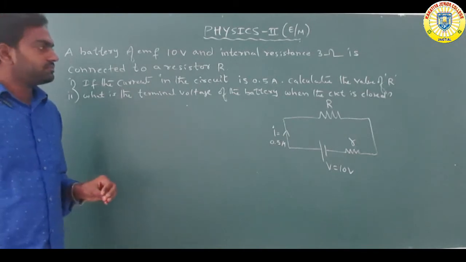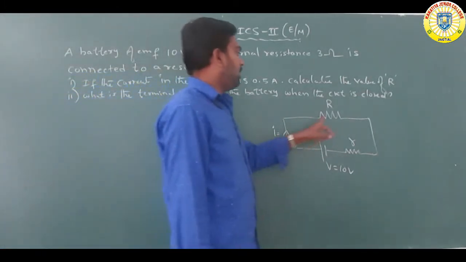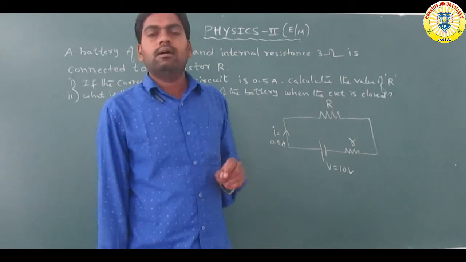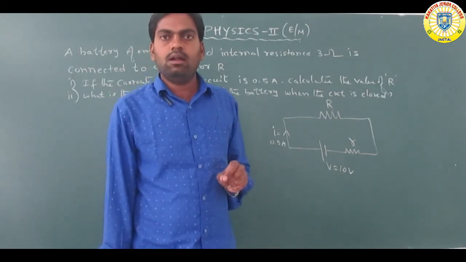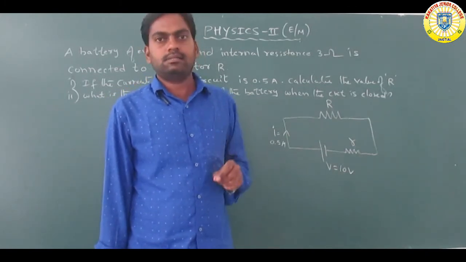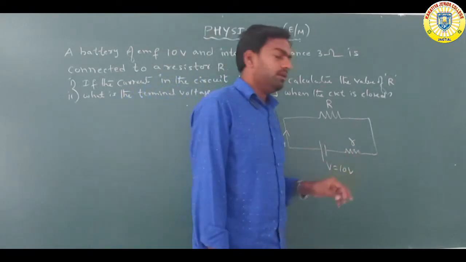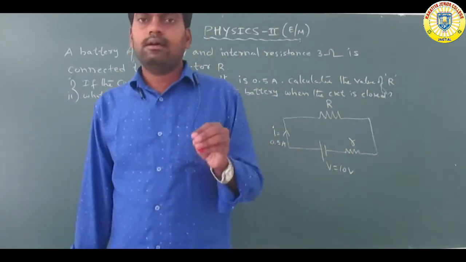Now from the circuit diagram, capital R is the external resistance and small r is the internal resistance.